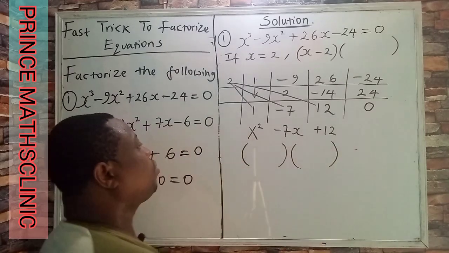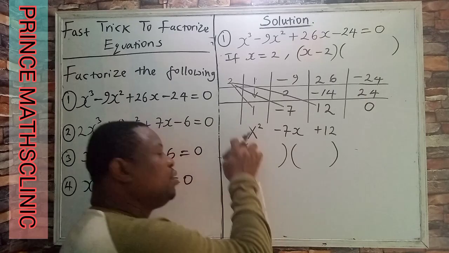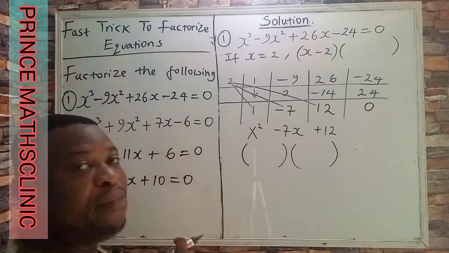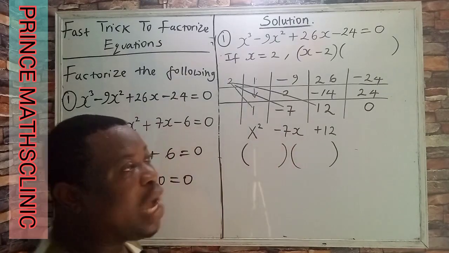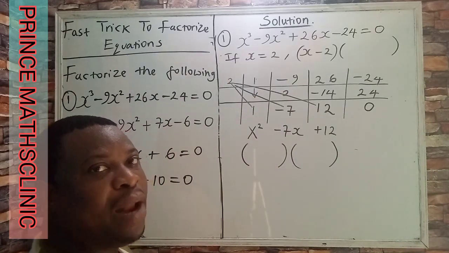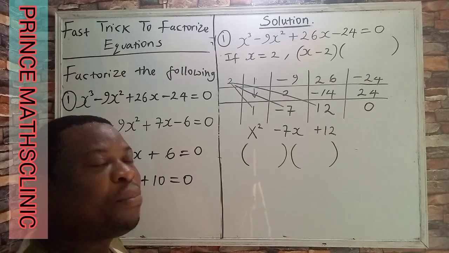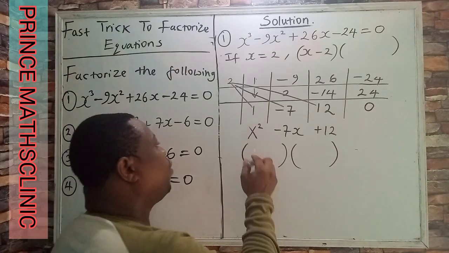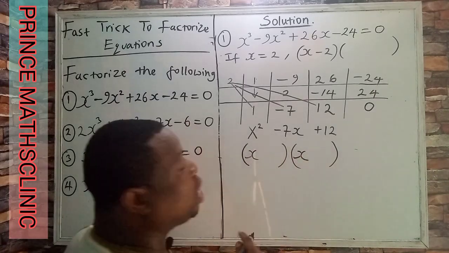Follow. Now, just say 12 to multiply 1, the coefficient here. 12 times 1 gives you what? 12. And here you have minus 7. So I need two numbers that I will multiply to give me 12, that when I add them together, I'm going to get minus 7. So first of all, I'll write this as x, and I'll put this as x. So what are those two numbers?